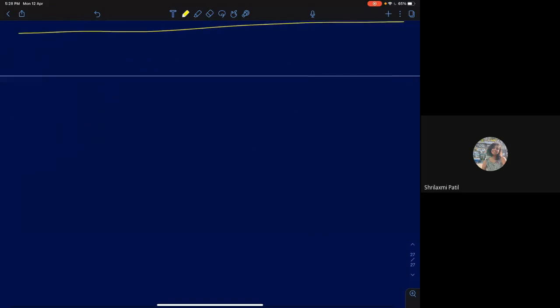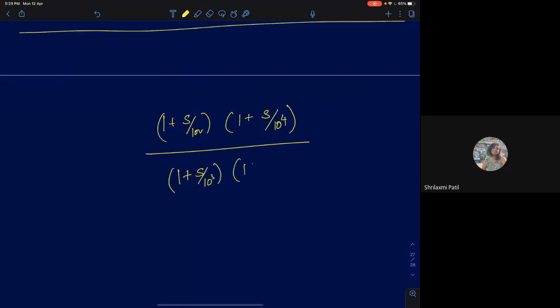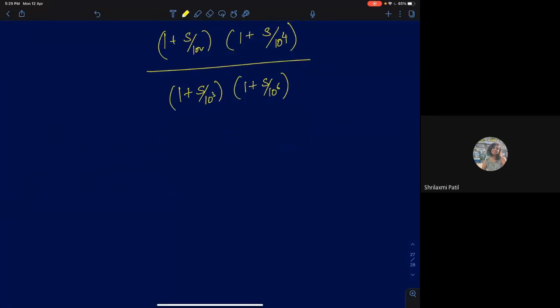So now you should be able to draw, if I give you some complex transfer function of this type, s by 100 into 1 plus s by 10,000, that is 10 power 4, divided by 1 plus s by 10 cube into 1 plus s by 10 power 6. Now you're supposed to plot magnitude and phase response for this. DC gain is 1.